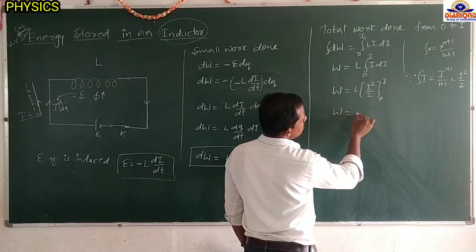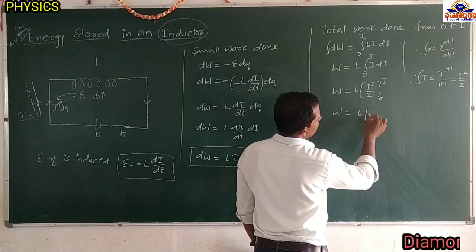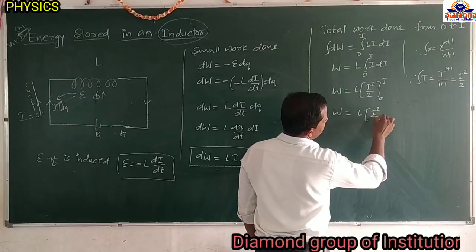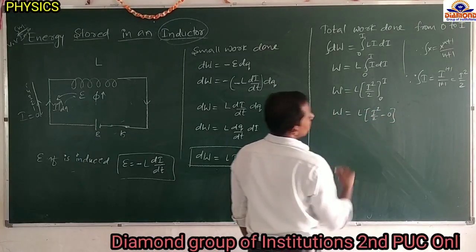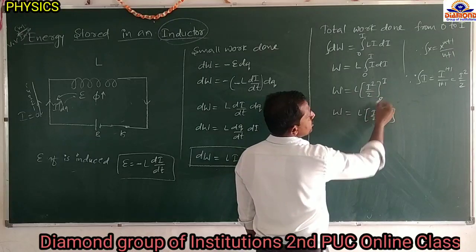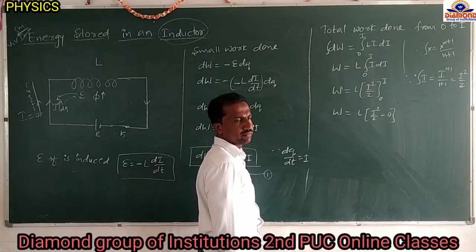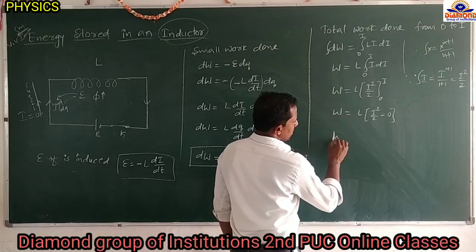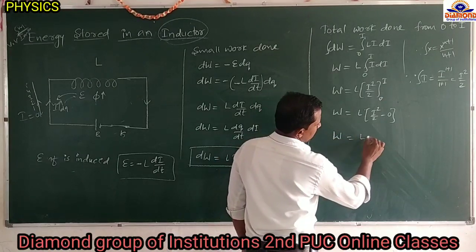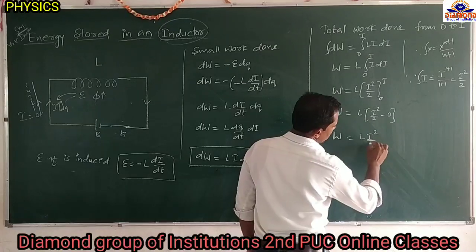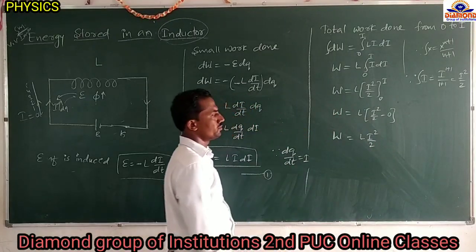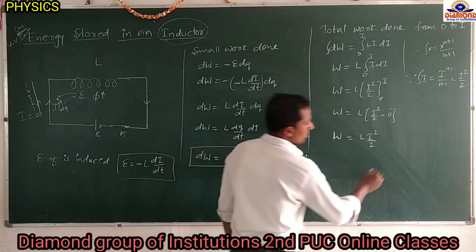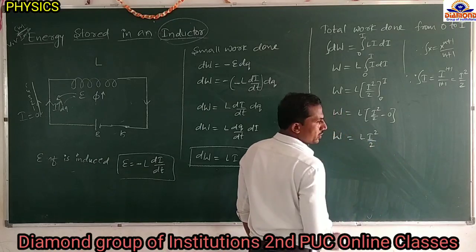Then W equals L times i square by 2 minus 0, so i square by 2. Then W equals L i square by 2, or also we can write half L I square.